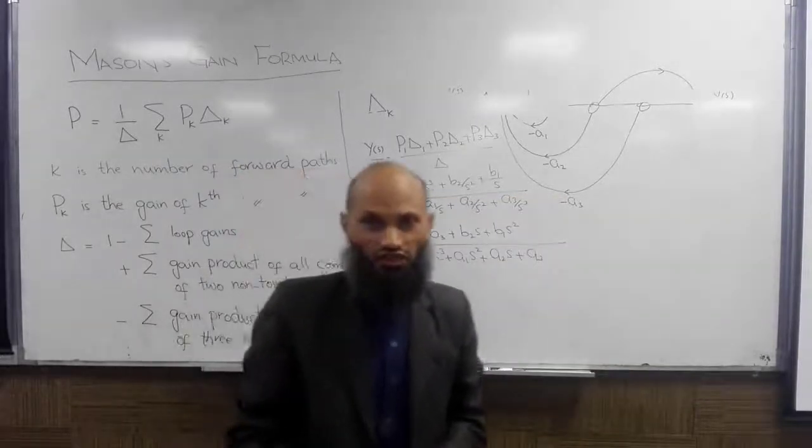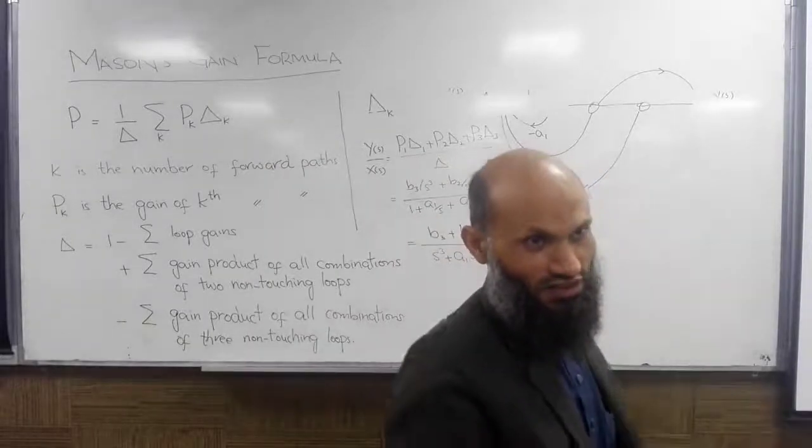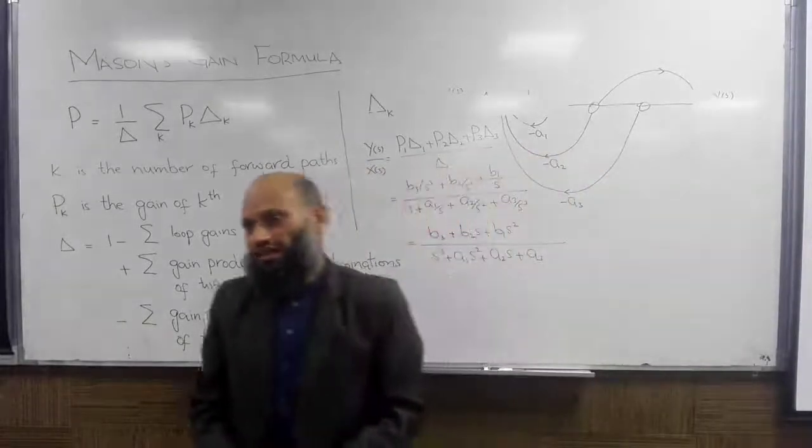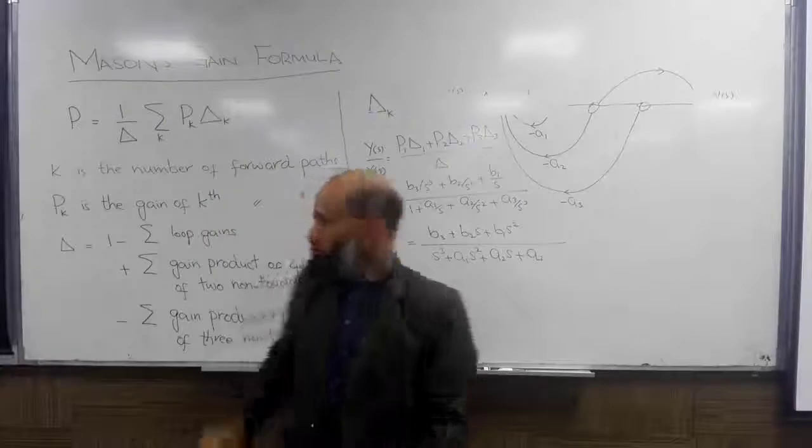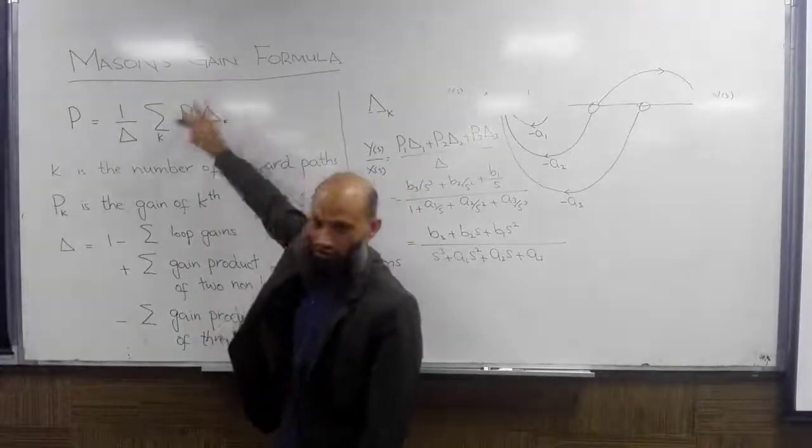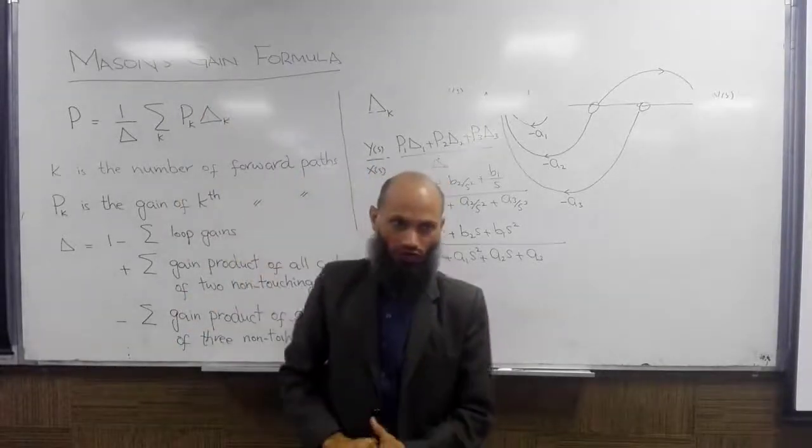This is the transfer function for this signal flow graph. You see that it is quite easy to use Mason's gain formula to obtain overall transfer function.